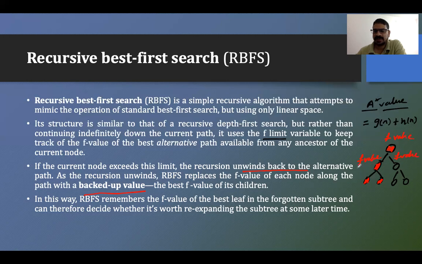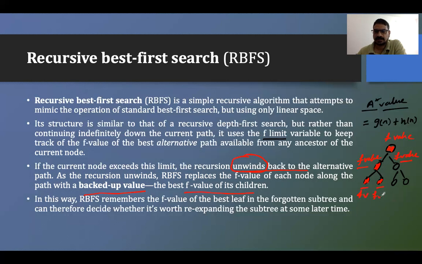Based on that, we'll decide the F value, and this F value keeps on changing. It changes when we do the unwinding process. The condition for the unwinding process is written in the algorithm, that is, in which criteria or condition we have to do unwinding. The best F value of its children. So we'll see how this F value of this particular node will change based on its children's F value.